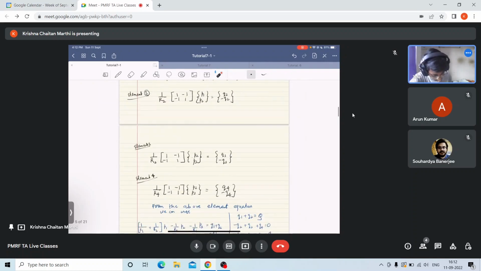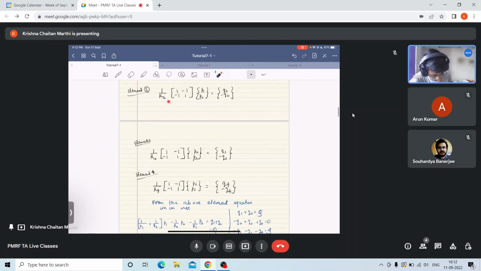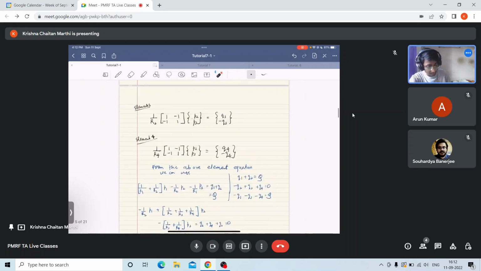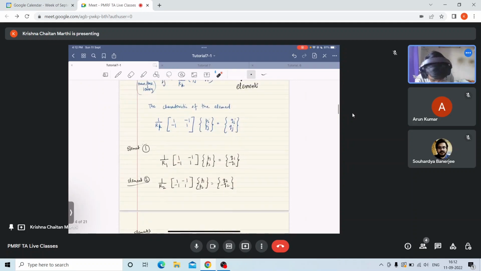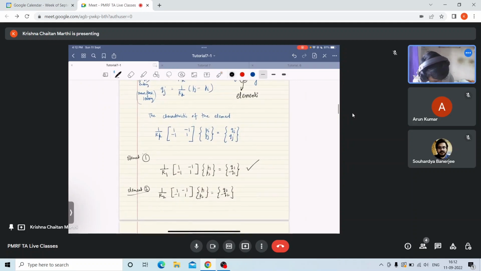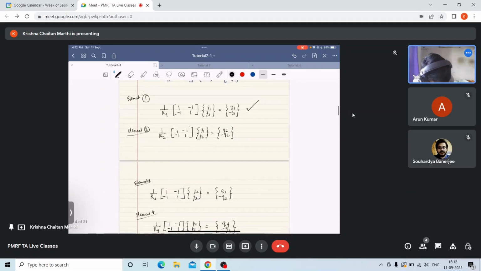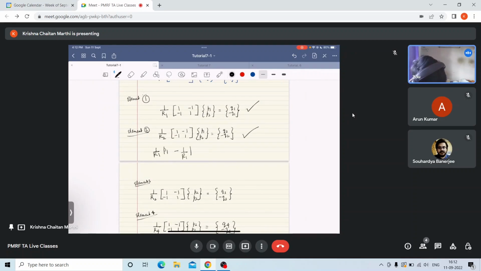And from this element I get q2. So I have 1 by r1 p1 minus 1 by r1 p3 equal to q1, and 1 by r2 p1 minus 1 by r2 p2 equal to q2, right?